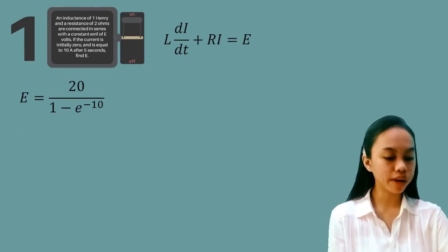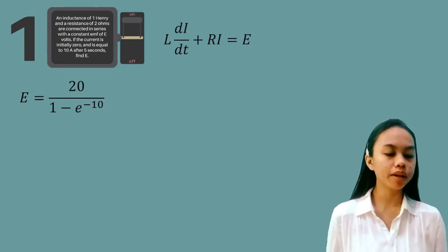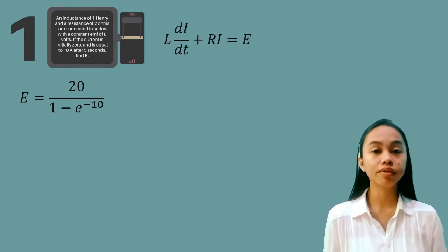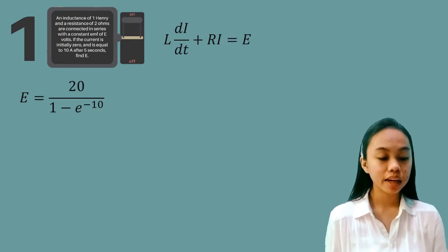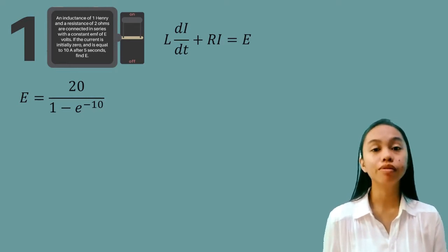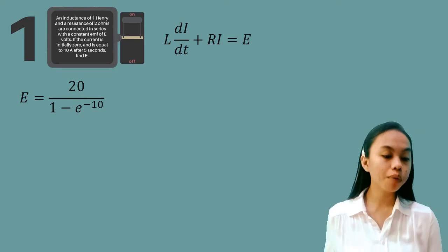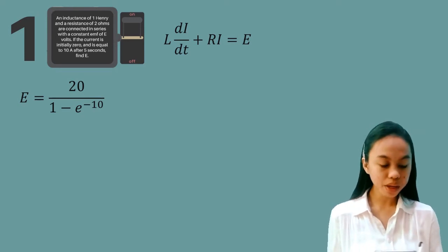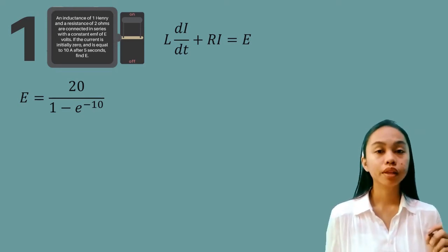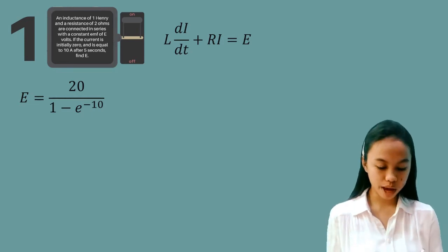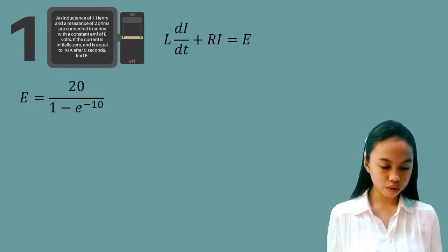So from this equation, e equals 20 over 1 minus e raised to the power of negative 10, we will be getting the value of the voltage source. So using our calculator, we will solve for the voltage source. So we have 20 over 1 minus e raised to the power of negative 10.